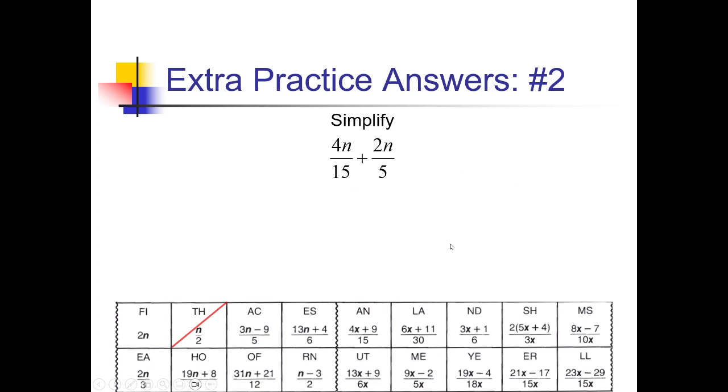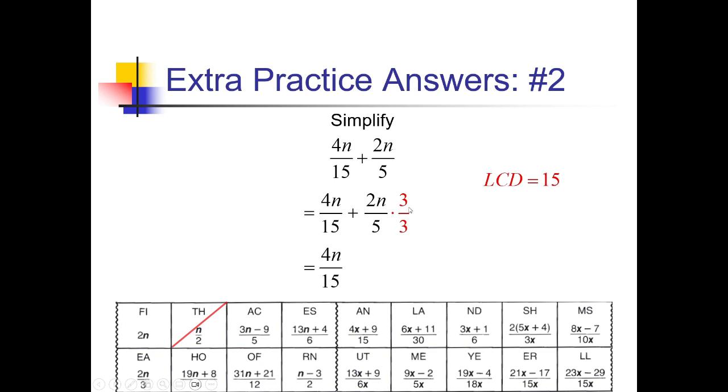Okay, here we go with number 2. Taking a look at my denominators, they're not the same, so I need an LCD for these. Let's start with 15. Now 15 is divisible by 5, so 15 itself is the common denominator. So I'm going to leave my first fraction the same because it's already got that denominator. For the next one, to make this 5 into a 15, I have to multiply by 3 over 3. So first fraction stays the same for now.